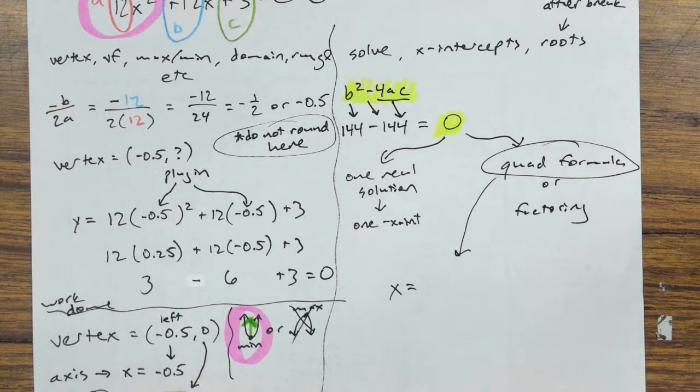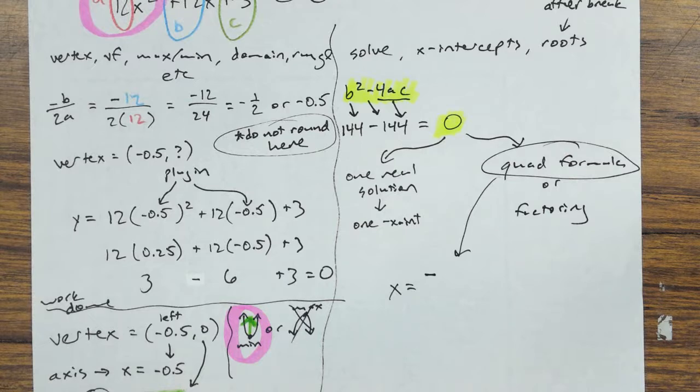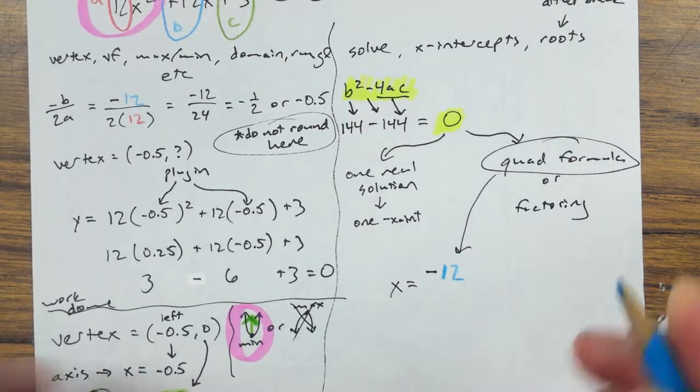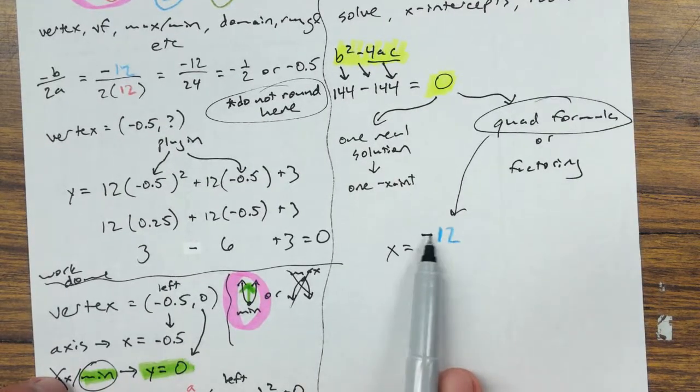X equals negative b plus or minus the square root b squared minus 4ac all over 2a. So you have to have that thing memorized. So I'm going to go x equals negative b. B was 12, so I'm going to write negative, and then I'm going to write my b. What happens if b is negative? If b is negative, this becomes a positive. Okay?